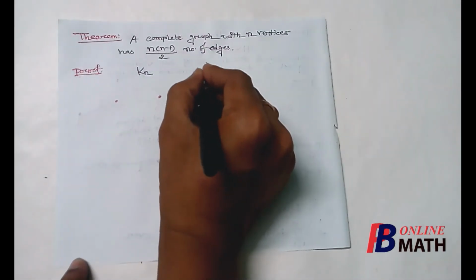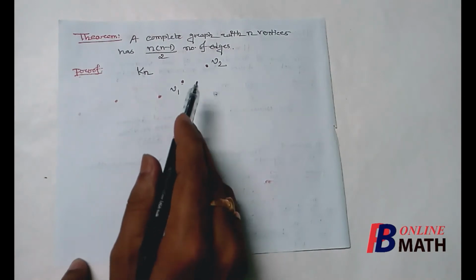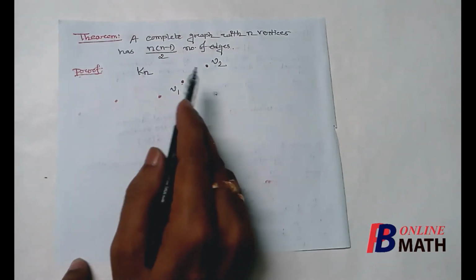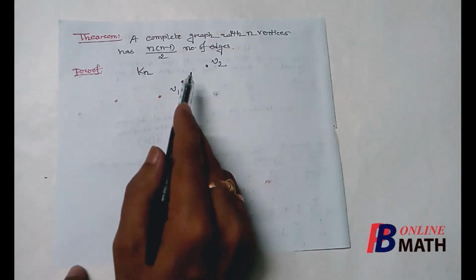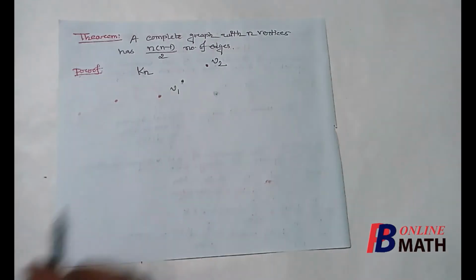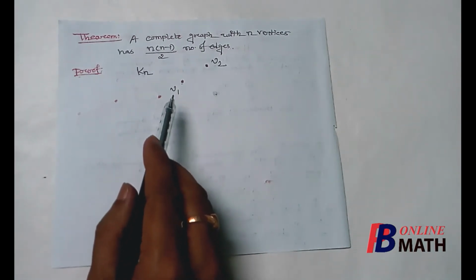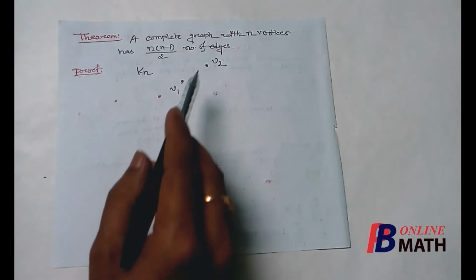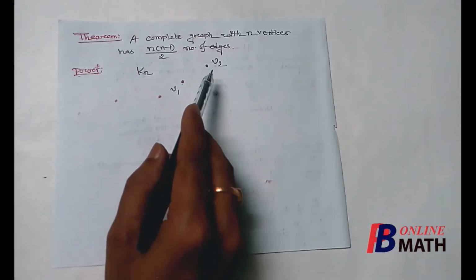Similarly, if we consider another vertex V2, then by the same logic we can conclude that there are exactly n minus 1 edges which are incident to this vertex V2. So the degree of this vertex V1 is n minus 1. Similarly, the degree of this vertex V2 is n minus 1.